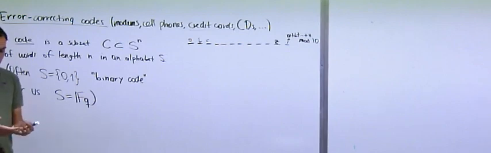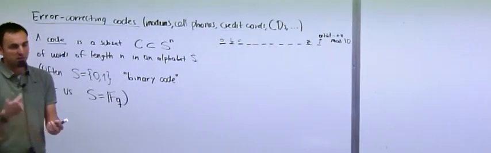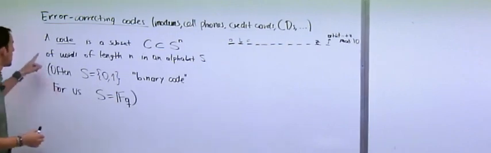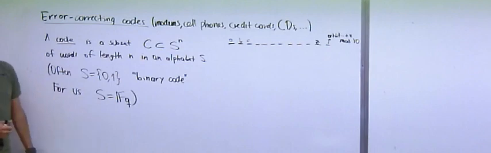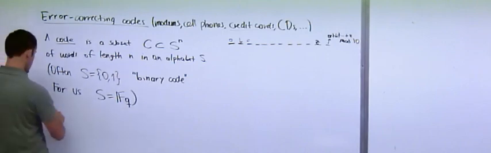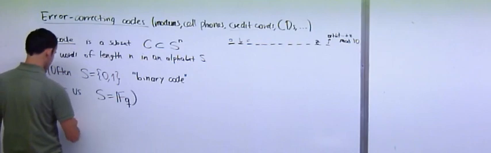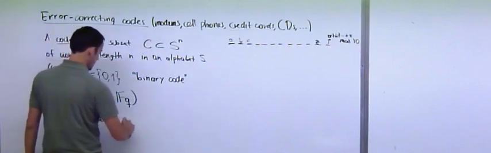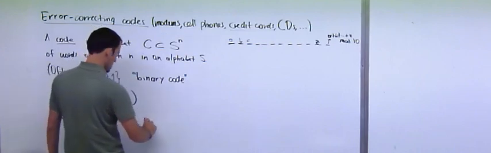You don't want words that are so close to each other that maybe you misheard and you don't know which one of the two words it is. So if you happen to come up with a code where all the words are very different from each other, then it's harder to make mistakes. And if there is a mistake, it's easier to correct it. Okay? And so the idea is that you want your code to consist of very different words.